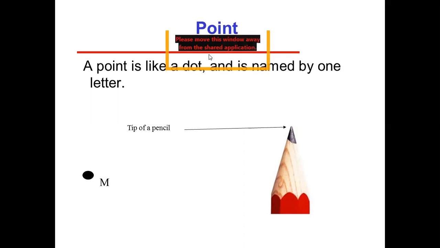So first we will concentrate on what a point is. A point is nothing but a dot, and is named by one letter. Here we are indicating it as M. M here indicates a point, and we can indicate it by any letter. So this is called the point. It is nothing but a dot.